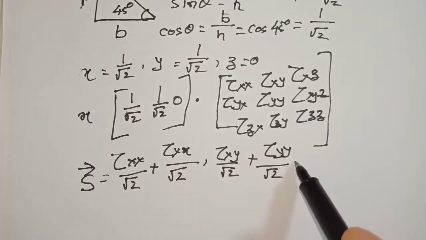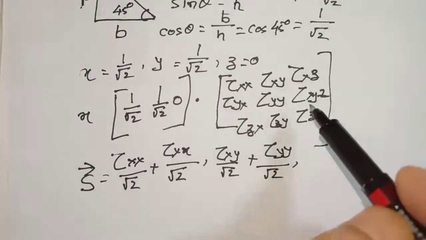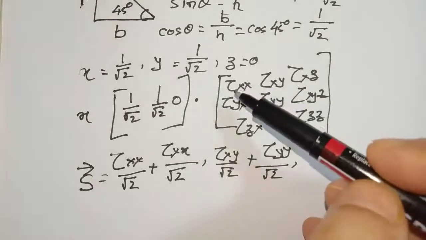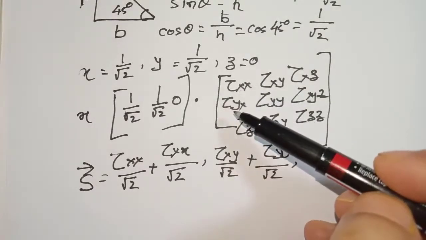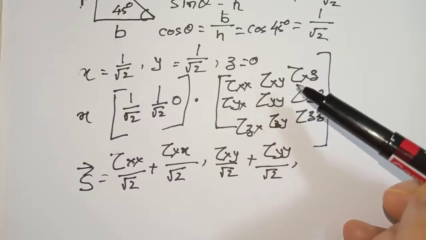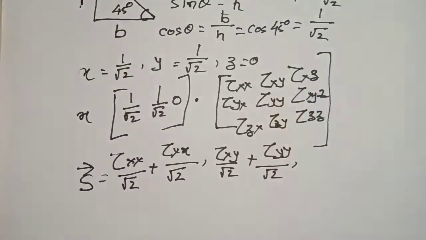Plus, then the value of tau xy, this one. So we have tau xx, tau yx, tau xy, tau yy, and then we will get tau xz.